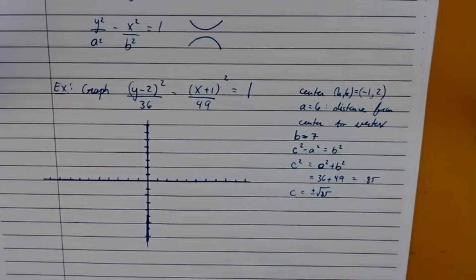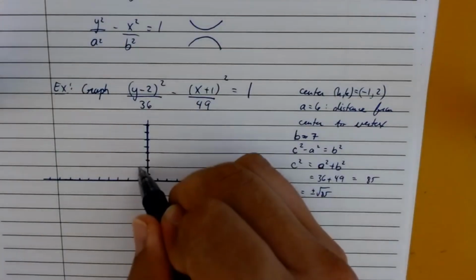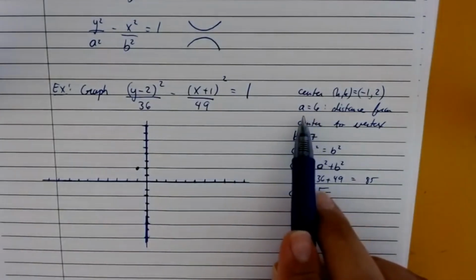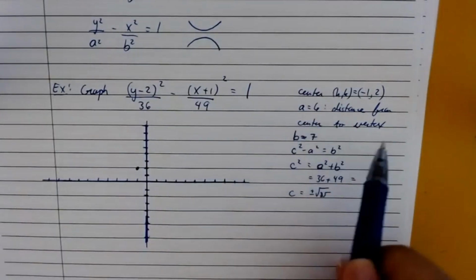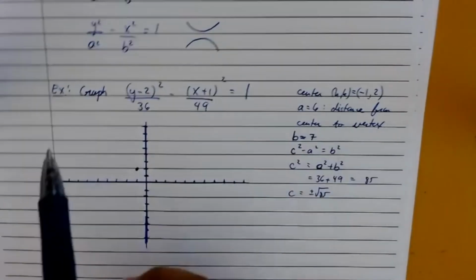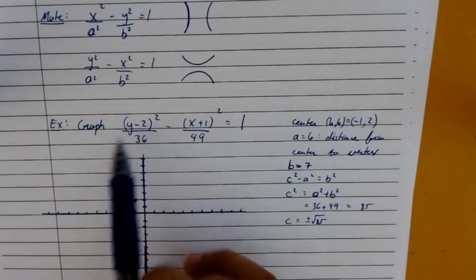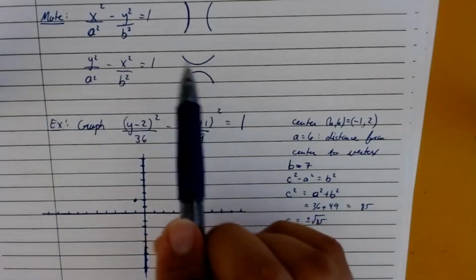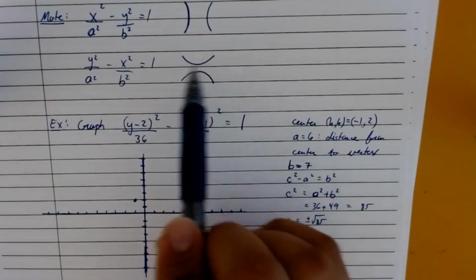Okay, begin with your center, negative 1, 2. Now, your a tells you the distance from your center to your vertex. Notice that here you have y in the numerator of your positive term. That means that your hyperbola will open up or down.